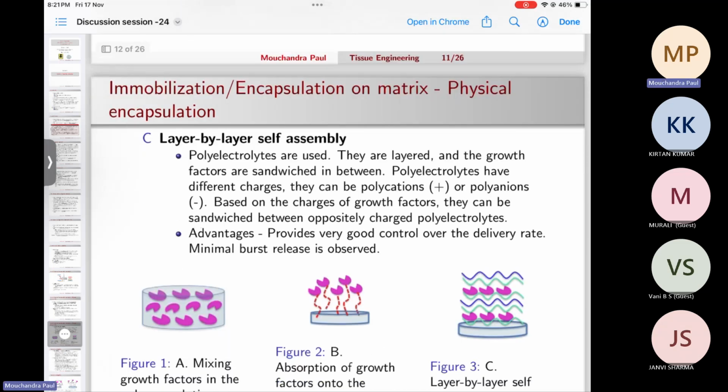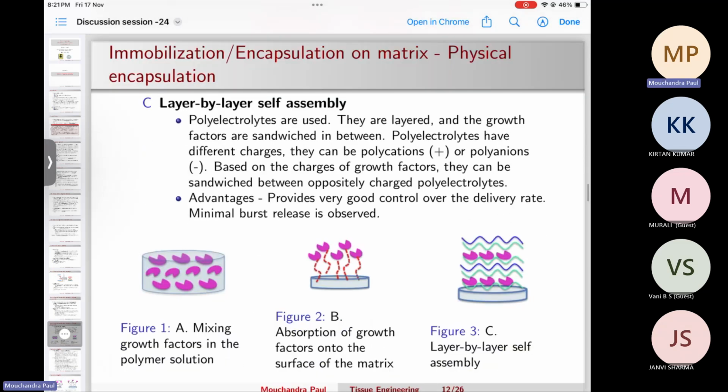Then another way of physically encapsulating your growth factor is by layer self assembly. For this technique, people use a class of polymers called polyelectrolytes. Polyelectrolytes are generally charged, and you will find them with different charges, positively charged like cations, or negatively charged. You can layer these polyelectrolytes.